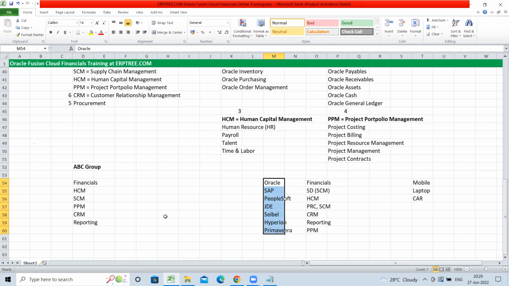And it is very difficult managing the different applications, because those would be available with different platforms, and they have to hire the people to take care of Oracle for financials, for SD, SAP team, and for HCM, PeopleSoft team, procurement, SCM, JDE team, for CRM, Siebel team, and from all these companies, they have to take the license. Now, if they want to implement these applications for their company, what is the best option for them?